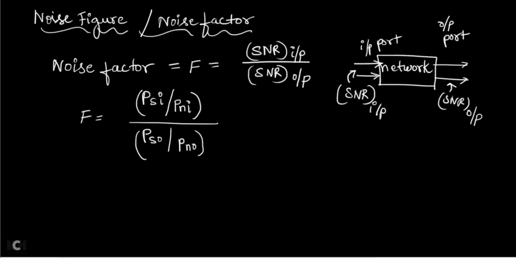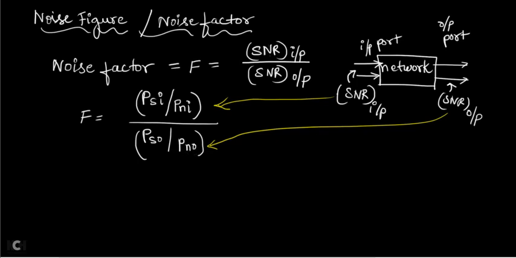P stands for power, S for signal, I for input. So PSI means input signal power, PNI stands for input noise power, PSO for output signal power, and PNO for output noise power.